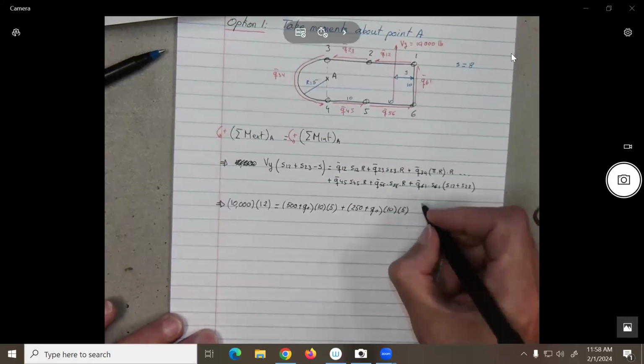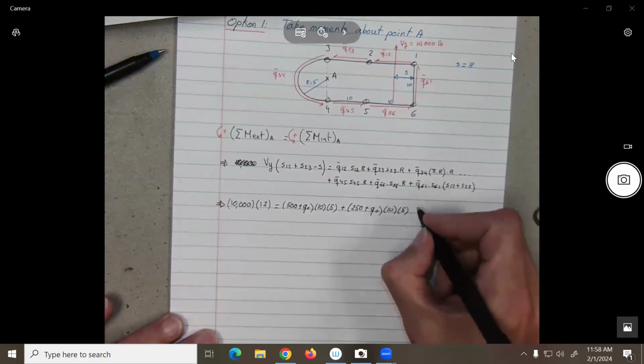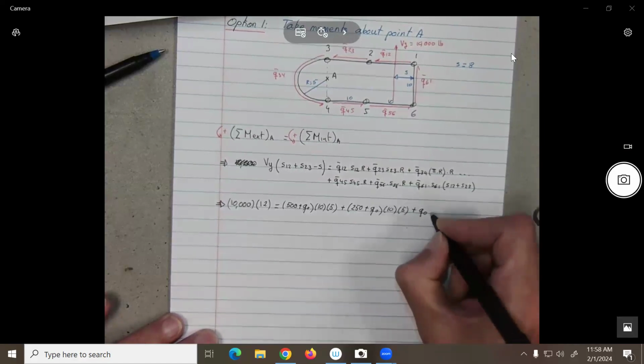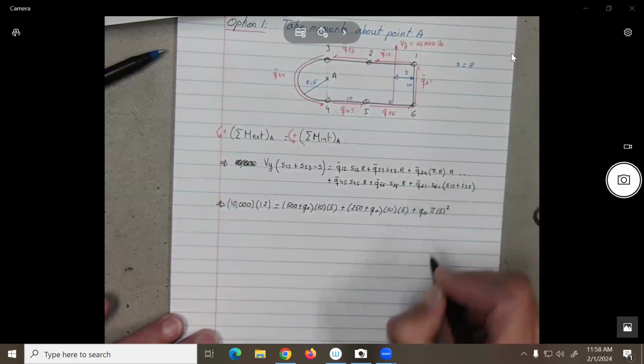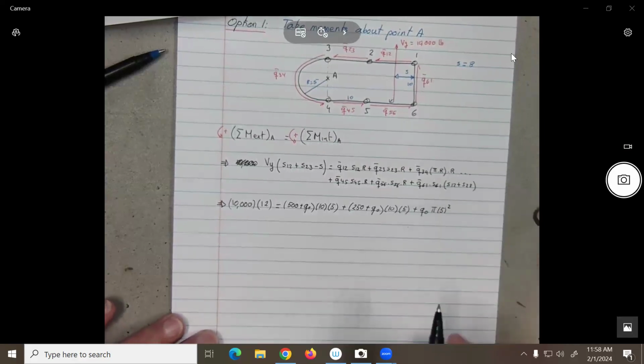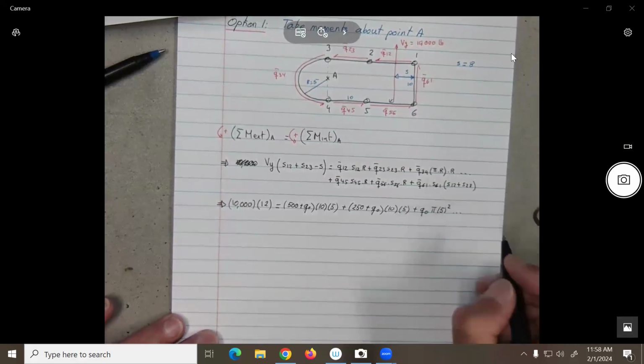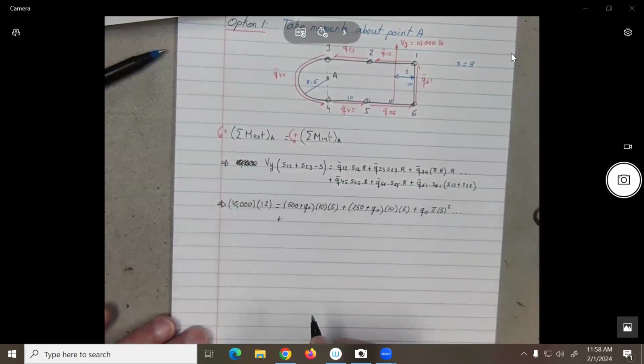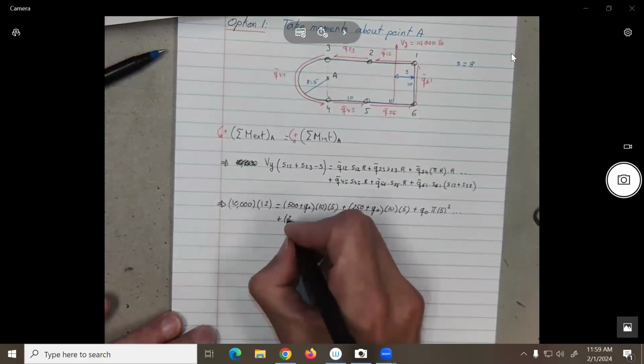Okay. Plus, now we do the Q34. What do you have for Q34? Q naught times pi times 5 square. Now is when sometimes you make the mistake. I mean, that's a place where you make mistakes. Plus what? What is Q45? 250 plus Q naught. Perfect.